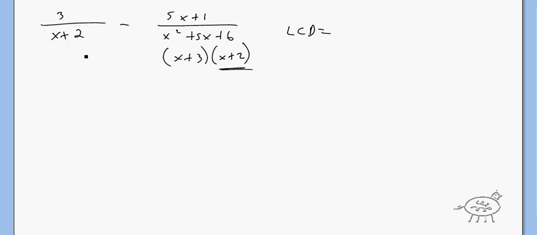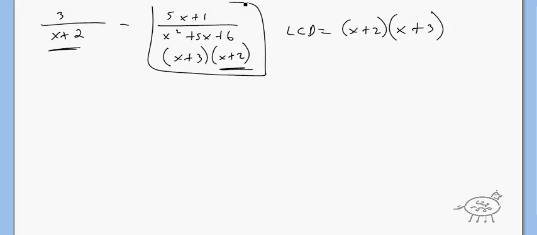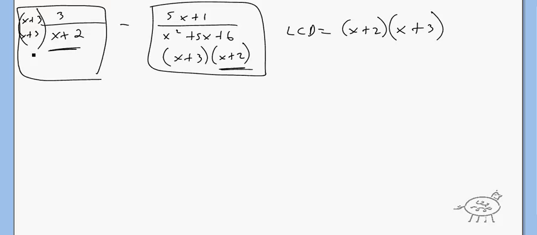Well, that's common, so it's x plus 2, and I have x plus 3 left over. That's my LCD. So in other words, I need to get this with an x plus 3, x plus 2, which I already have, and this also with an x plus 3, x plus 2. So do you guys agree that the only thing I'm missing here, I'm missing an x plus 3? So multiply it by x plus 3 over x plus 3.